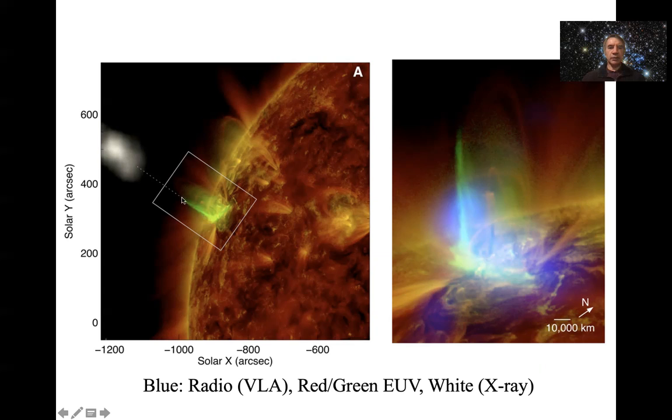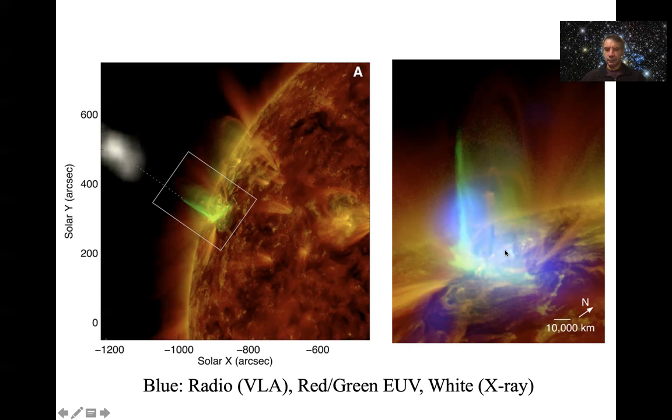That would be part of that ejection upwards that happens during one of these reconnection events. The white emission that you can see way up here on the left is actually soft X-rays. So this is the hot plasma that is being ejected out of the sun, the very hot million-degree gas, shooting off into space.